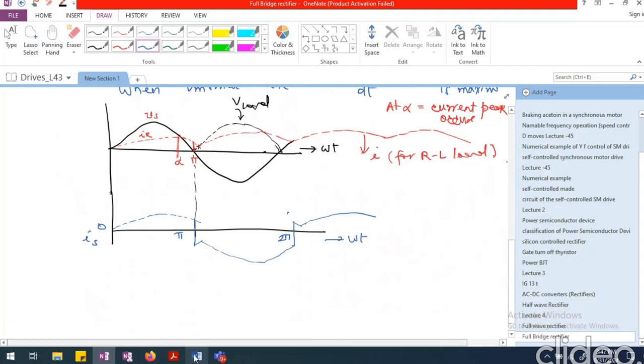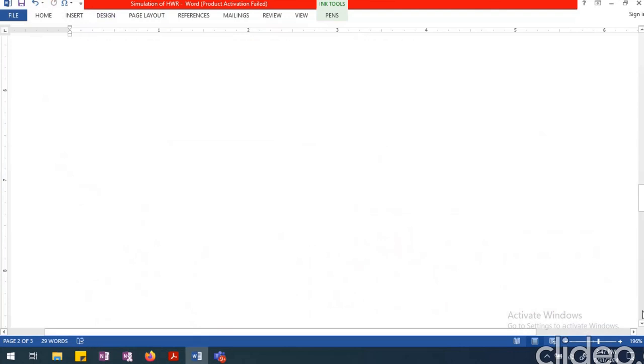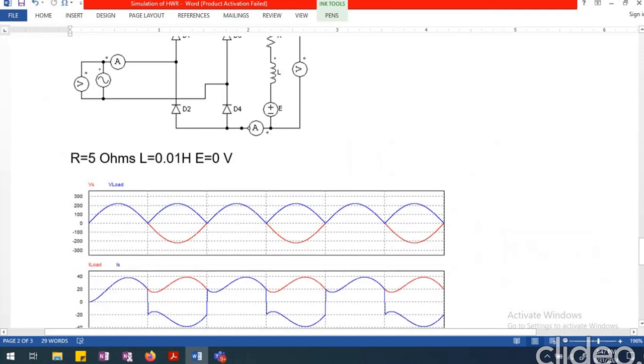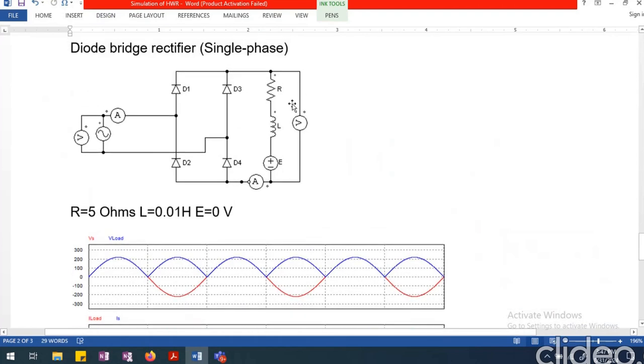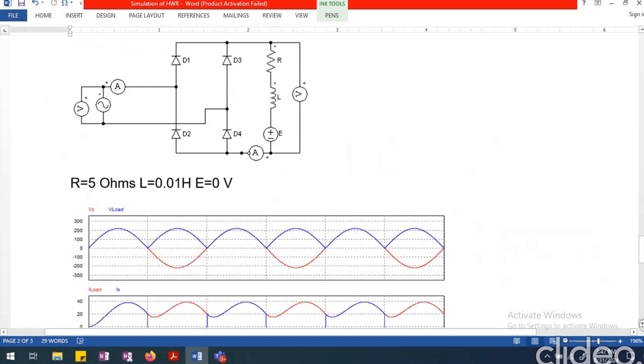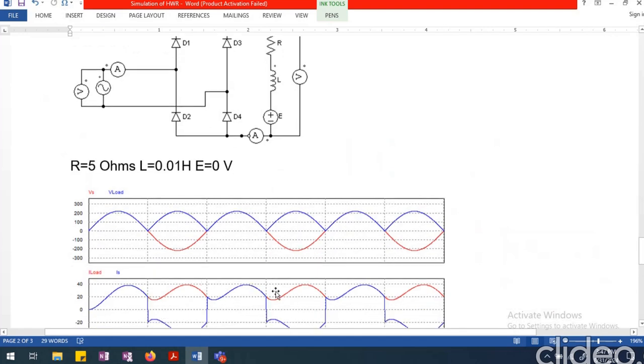Let me again show you the waveforms for a diode bridge rectifier. You can see this is the source voltage, this is the load voltage, this is R and this is L. When R equals 5 ohms and L equals 0.01 henry, you can see this is the kind of current we have on the source side, and the load side is a completely full-wave rectified voltage.